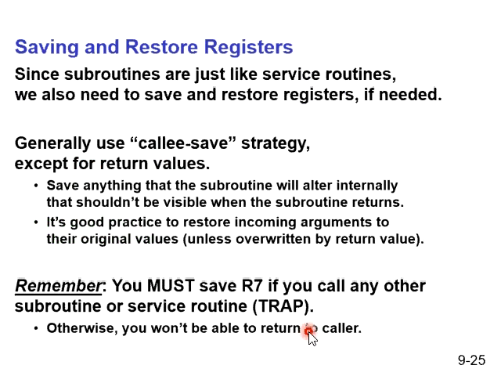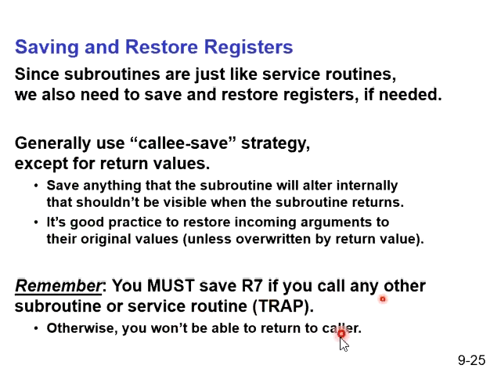You have to save them before you write your subroutine, and before returning, you have to restore them. In addition, you use register R7 to store the value from the register PC. So when you use a subroutine or a subroutine TRAP, you must save R7 if you call any.